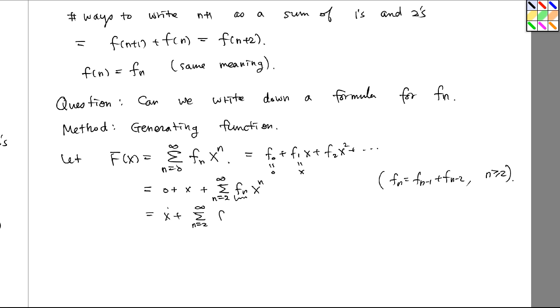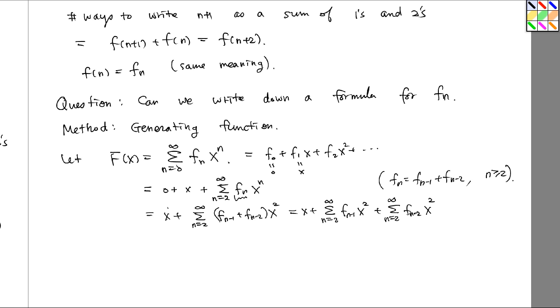Then this is going to be f sub n minus 1 plus f sub n minus 2, times x to the n. Okay, and now we can separate the sum: the sum from 2 to infinity of f sub n minus 1 x to the n, plus the sum from 2 to infinity of f sub n minus 2 x to the n.